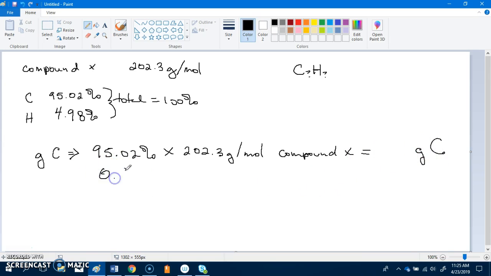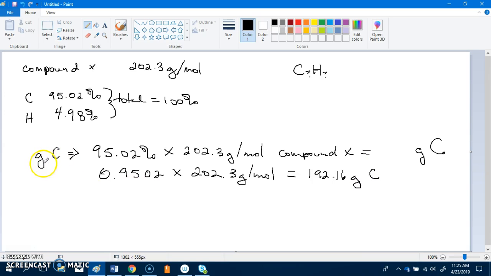First, we change our percent to a decimal, multiply it by our total, and we get 192.16 grams of the compound X is going to be carbon.